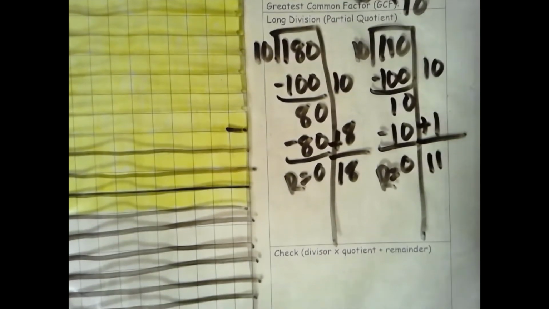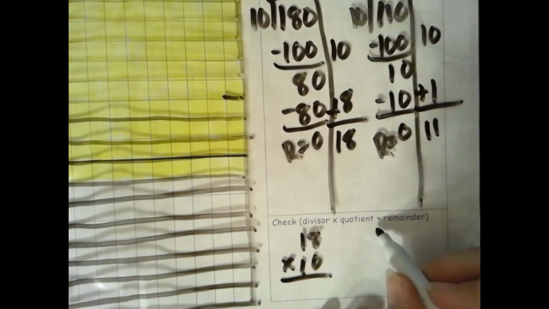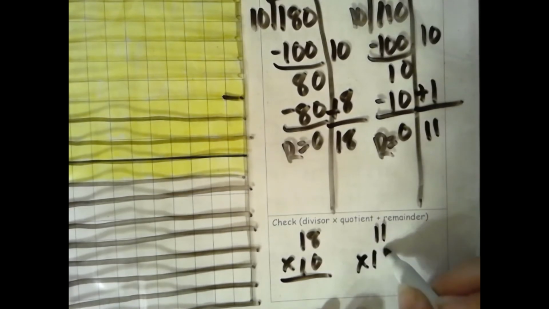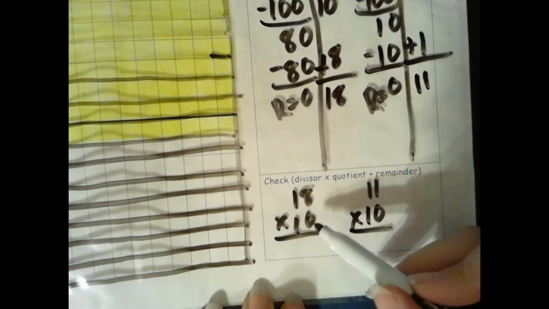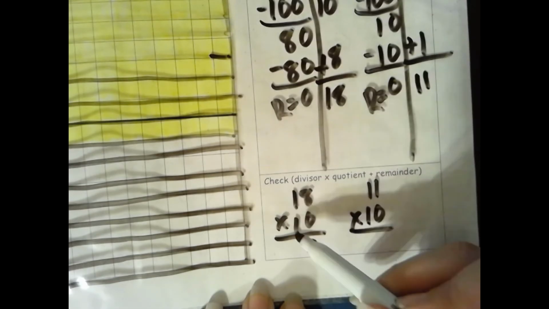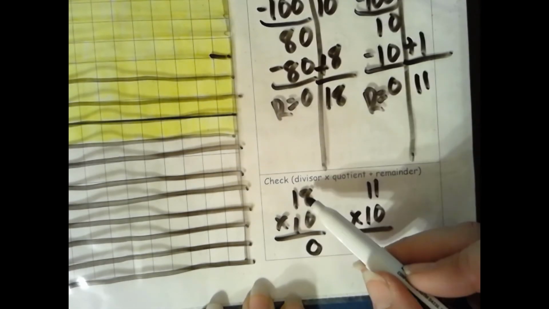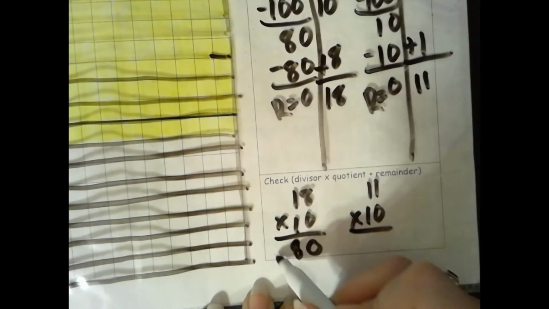Now we need to check. Divisor times quotient plus remainder. Since our remainder is 0 for both, and the identity property of addition says when you add 0 it stays the same, we don't need to take time to add 0. But here, our placeholder is going to move it over a place. 10 groups of 8 is 80. 10 groups of 10 is 100.